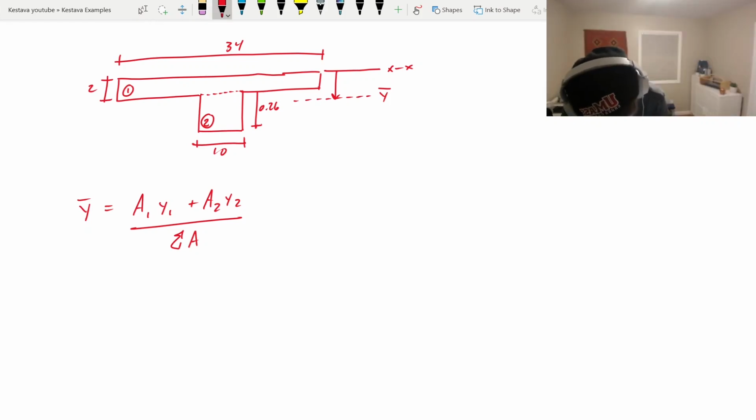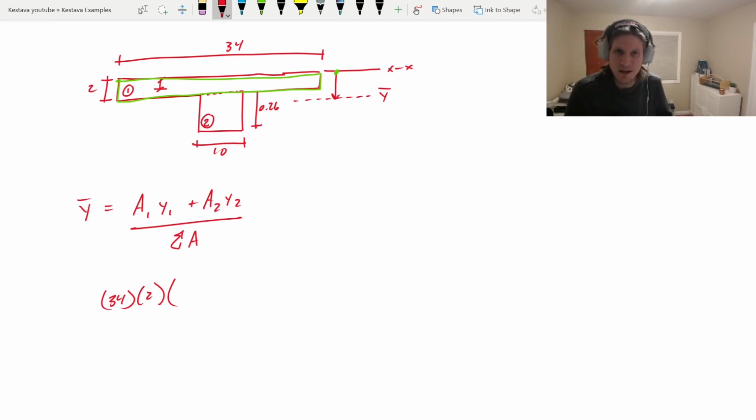A1 is equal to 34 inches times 2 inches. And y bar 1 is just the distance to the centroid of that area from the axis that you started on, which was up top here, the top of the flange. That is just 2 inches deep, so to the midpoint is just 1 inch.